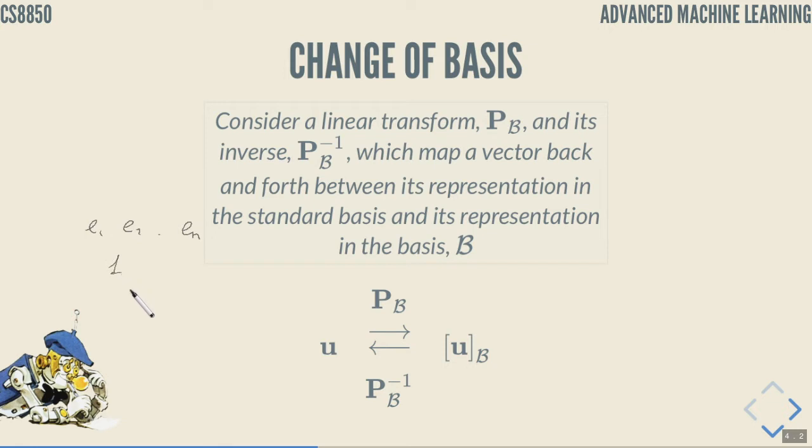E1 denotes 1 in the first position and zeros everywhere else. E2 denotes 1 in the second position, zeros everywhere else. So from the standard basis to the basis B, we apply P of B. And to go back from U's representation in basis B, we apply the inverse.